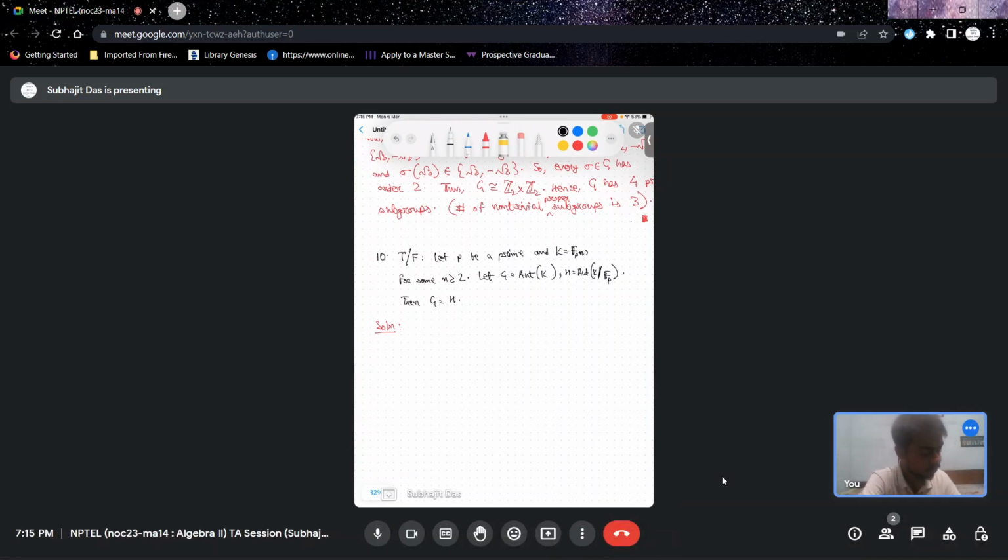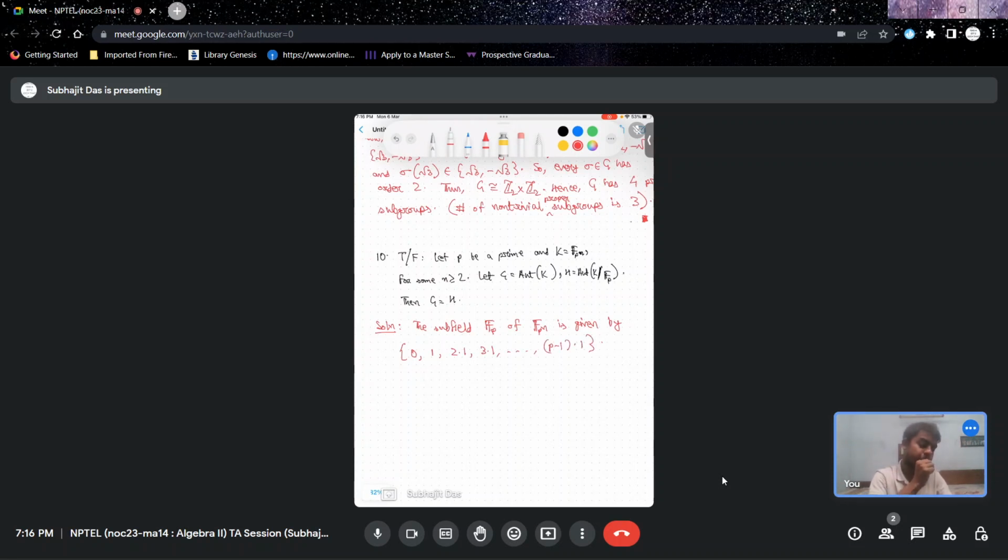The prime subfield F_p of F_p^n is given by 0, 1, 2 times 1, 3 times 1, up to (p minus 1) times 1.